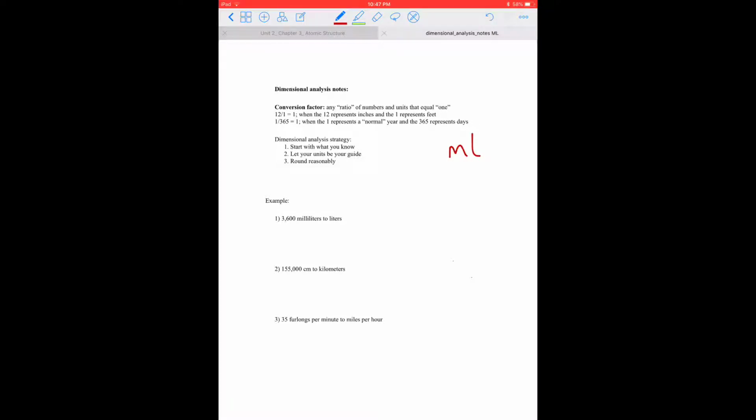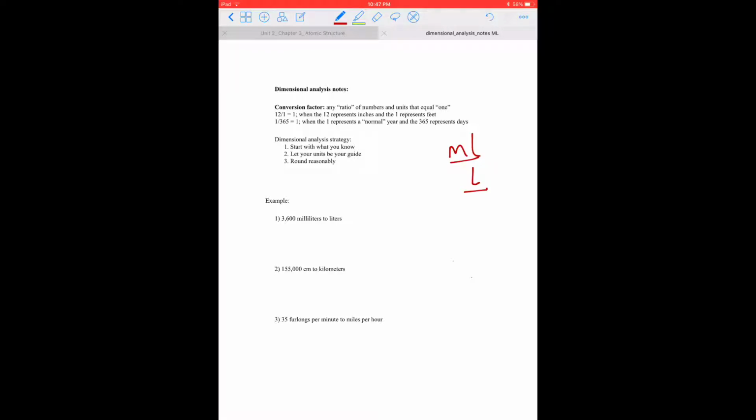But if I've got a larger container full of water, like a 2 liter bottle of pop, I'm not going to use milliliters for that, and you'll notice that the label for that is going to be liters. So it's useful to be able to convert between these units because sometimes we have a measurement in one unit, but we want to go to a different unit. So we can use dimensional analysis to do this process.